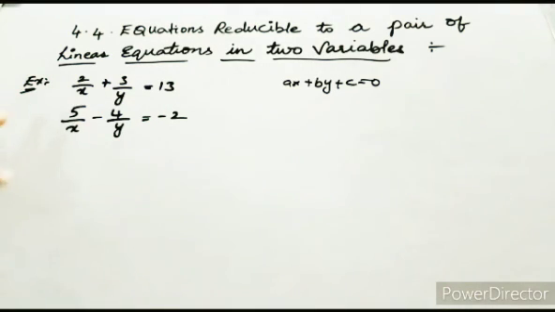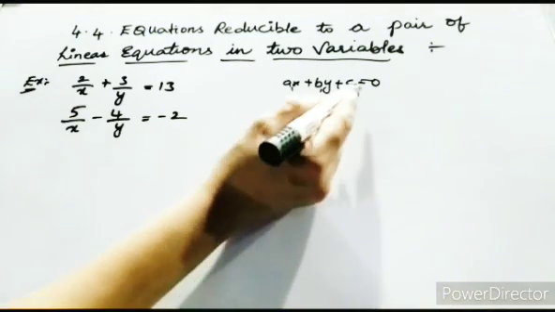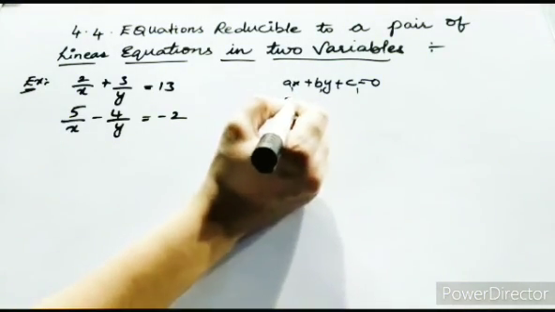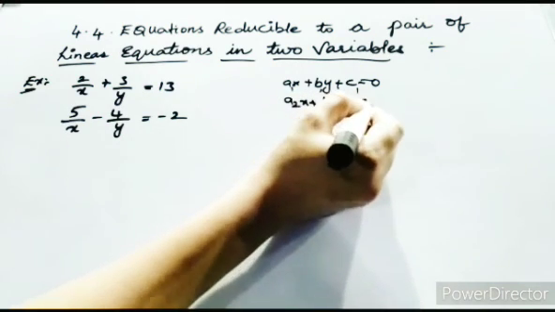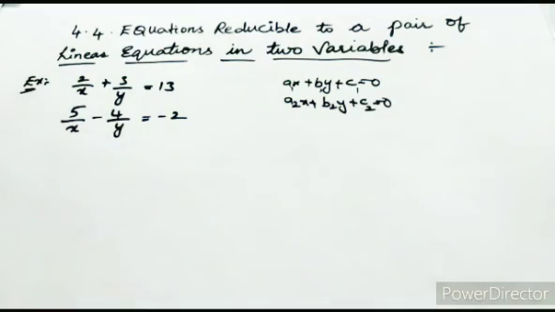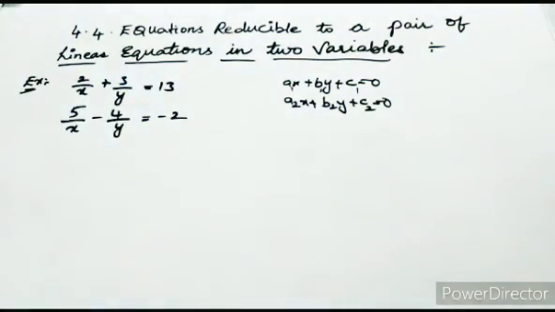A pair of linear equations means you have two equations, a1x plus b1y plus c1 is equal to 0 and a2x plus b2y plus c2 is equal to 0. It must satisfy these conditions to form a pair of linear equations in two variables.